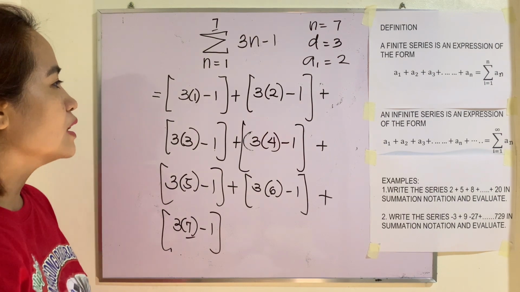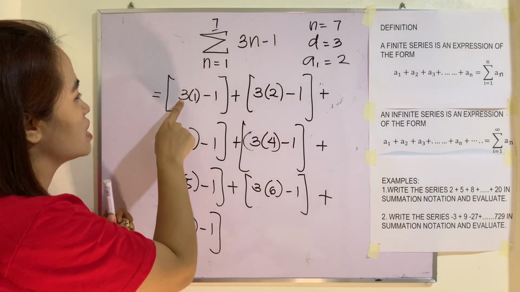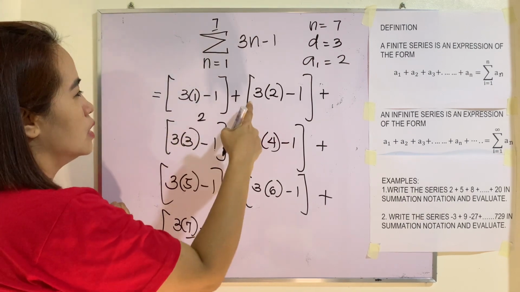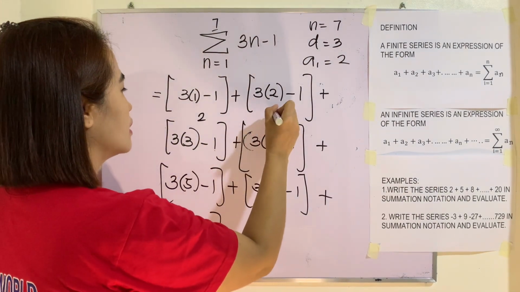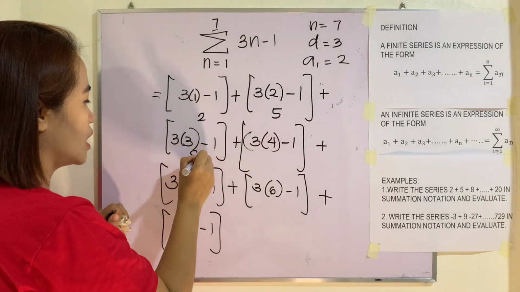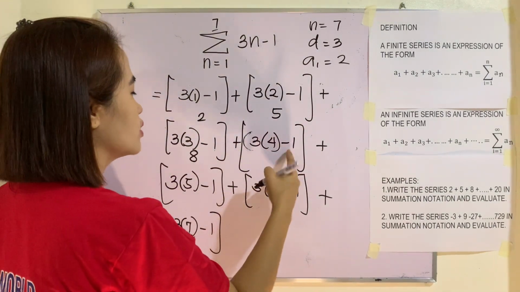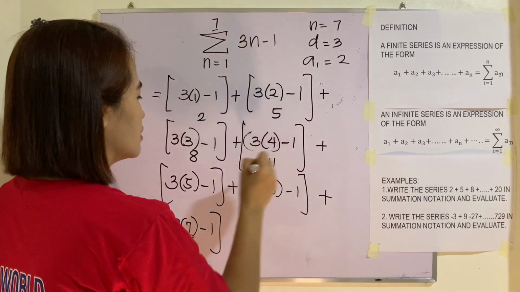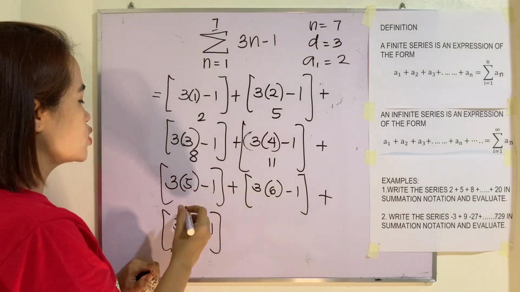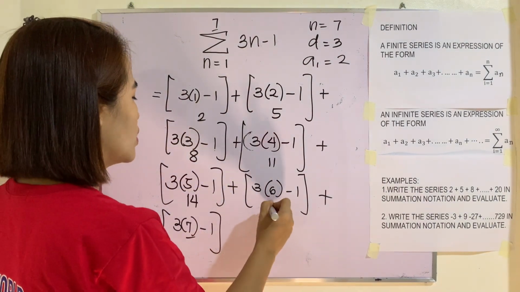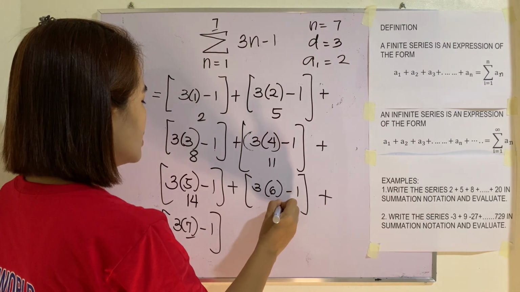So let's find now the sum. This one is 3 times 1 minus 1, that is 2. 3 times 2 minus 1, that is 5. 3 times 3 minus 1, that is 8. 3 times 4 minus 1, that is 11. 3 times 5 minus 1, that one is 14. 3 times 6 minus 1, that is 17.